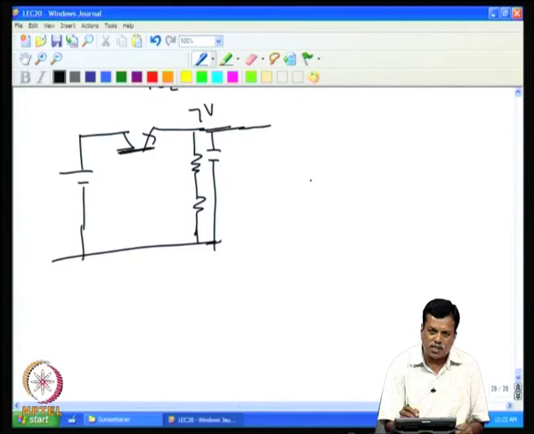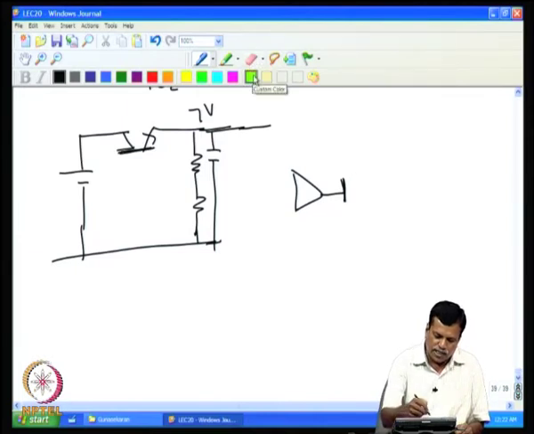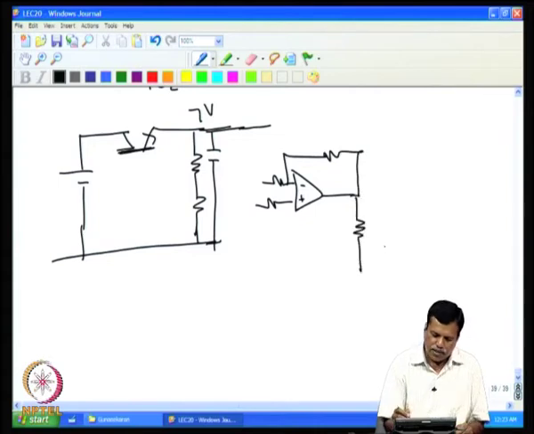One possible constant current source is this, that I can have, okay, we need only a small current. So, we need not have a transistor to drive this. So, one possible current source would be we can have input voltage, we can have a possible current source.